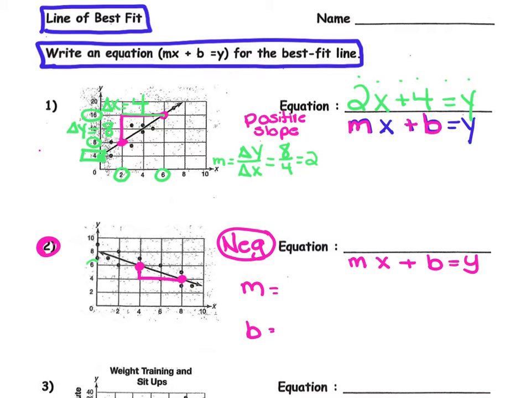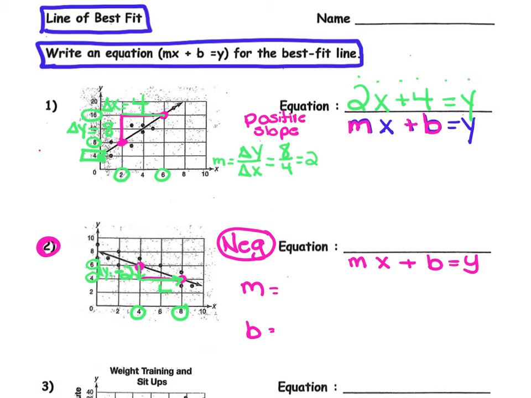We see that we start at 6 and go down to 4. And because we're falling on the coordinate plane, it's down negative 2 units. So your delta y is negative 2. You run sideways from 4 to 8.